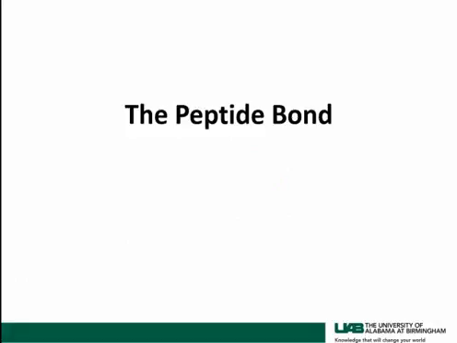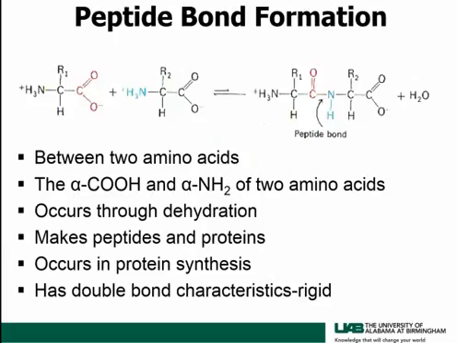Now, let's go on to the peptide bond. The peptide bond is a bond that is formed between the alpha carboxylic and the alpha amino group to remove water and to generate this peptide bond right here. You have this carboxylic acid that is part of this amino acid.